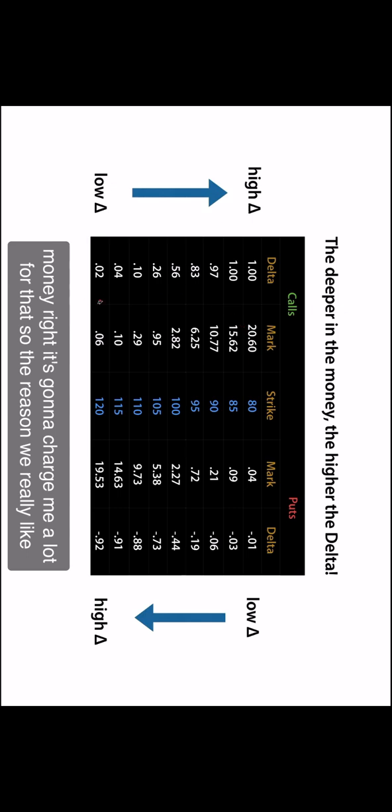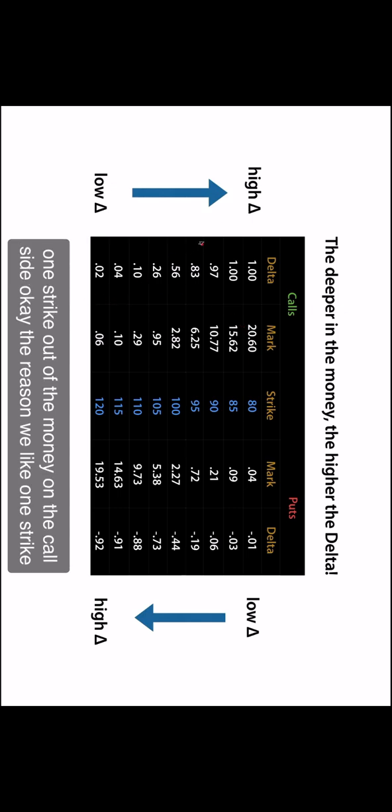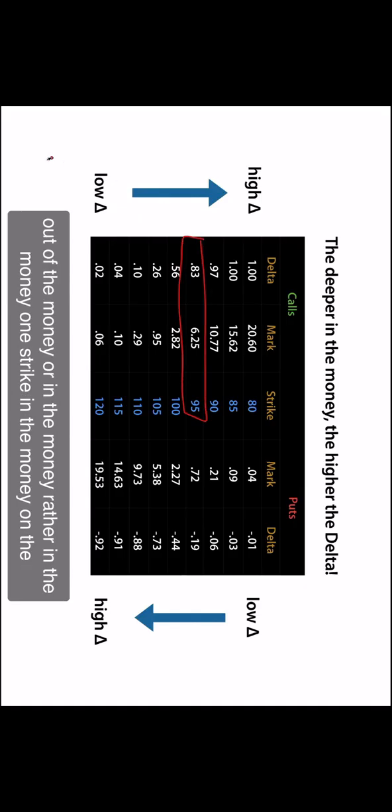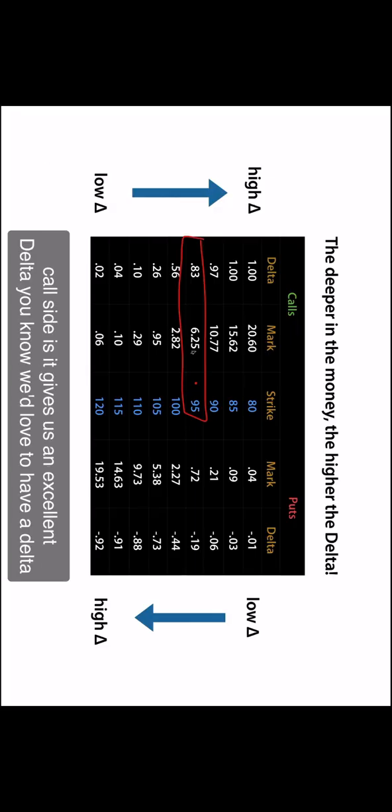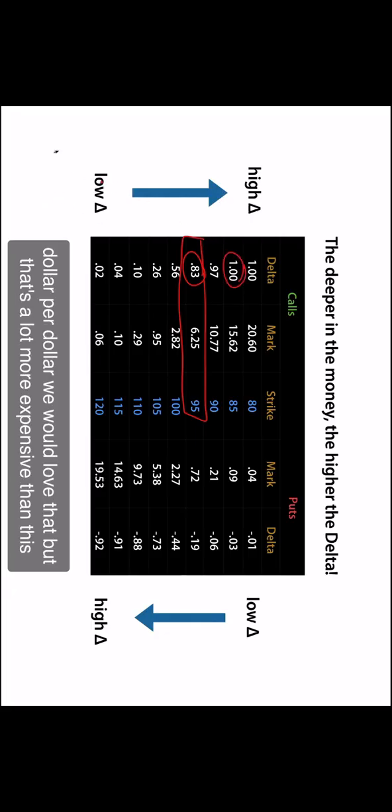The reason we really like one strike in the money on the call side is it gives us an excellent delta. We'd love to have a delta dollar per dollar, but that's a lot more expensive than this one.